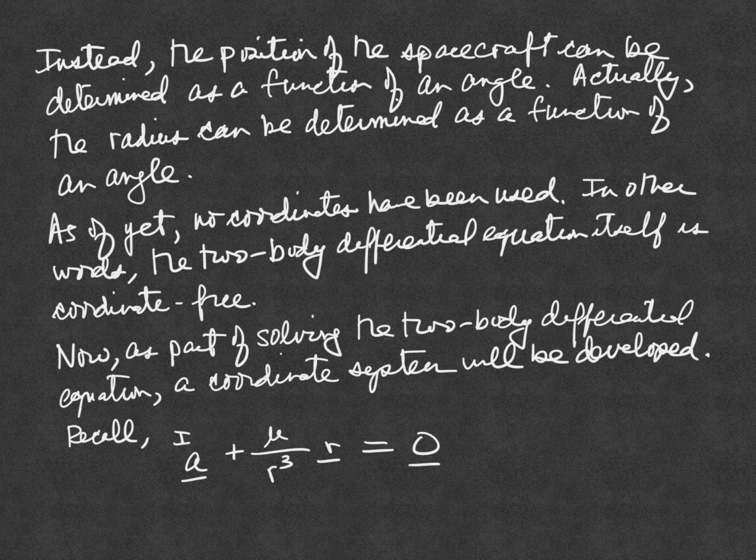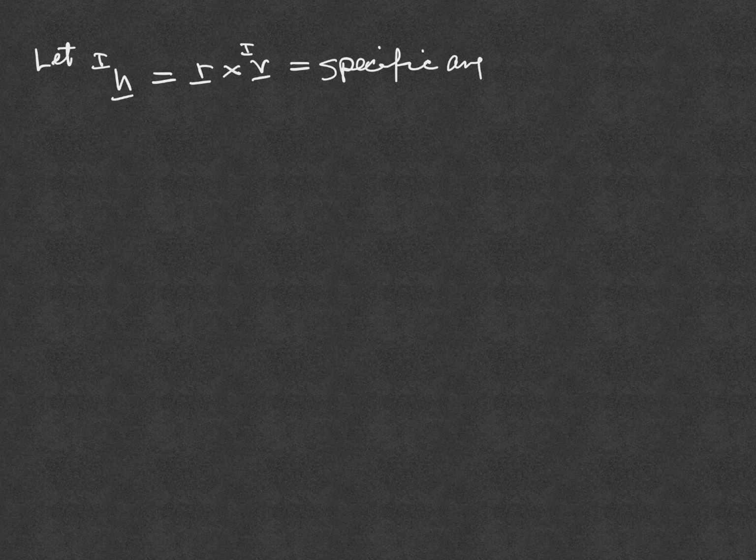So the first quantity I'm going to define is what's going to be called the specific angular momentum. So let HI equal r crossed with VI equal what's called the specific angular momentum.